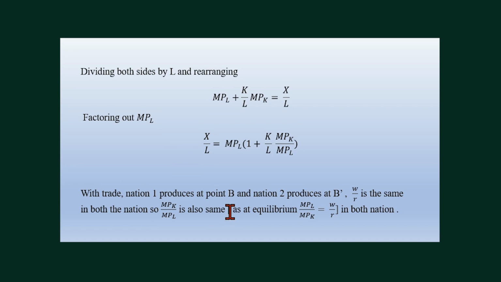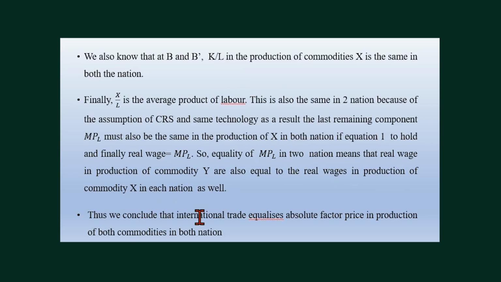Mind you, the wage rental ratio was the same across both countries due to the factor price equalization in relative terms. So MPK and MPL will also be the same, because we know at the equilibrium of production MPL/MPK is equal to W/R for both the nations.